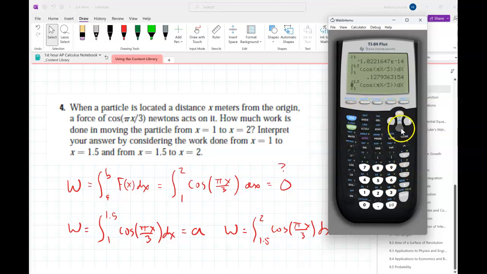And then if I go from 1.5 to 2, I get the negative version of it. So yeah, it worked exactly like I thought it was going to.